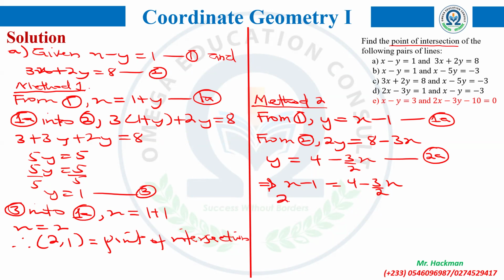So it will be 2x minus 2 is equal to 8 minus 3x. You move this one to the side, so 5x is equal to what? Let's move on. Is it 6? It's like something is wrong somewhere.